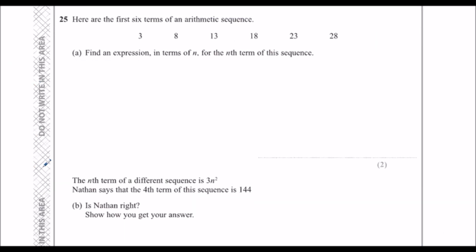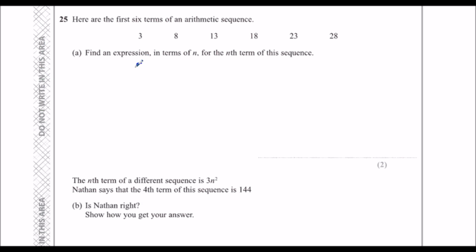Question 25. Here are the first 6 terms of an arithmetic sequence. Find an expression in terms of n for the nth term of this sequence. So we're looking at a sequence. You should be able to spot it's going up in 5s each time.